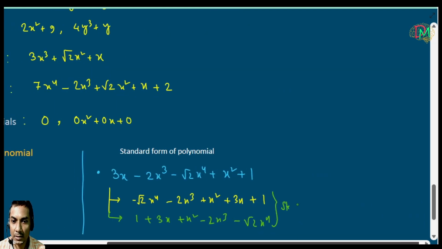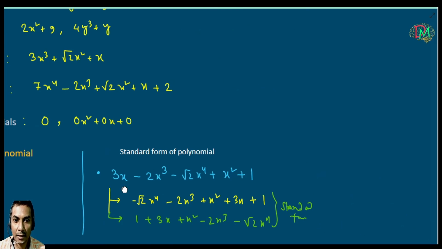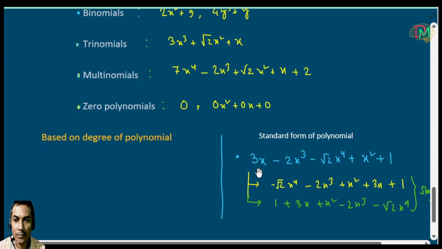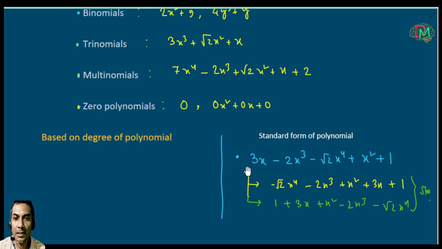Both are the standard form of the given polynomial. You can arrange in ascending or descending order based on the variable power. Okay, so you can do that.